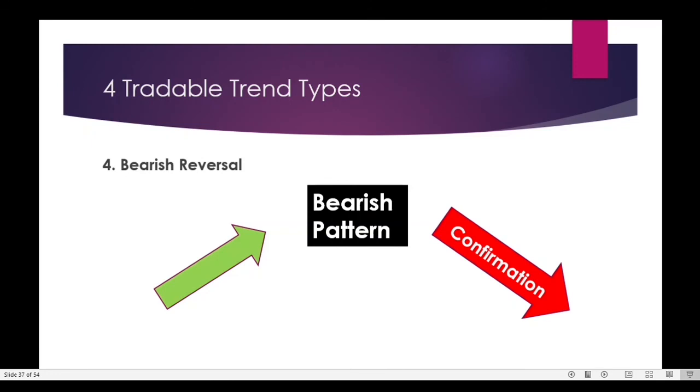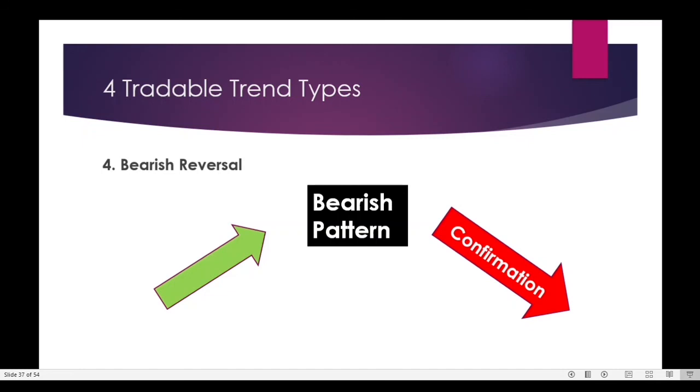And the fourth is the bearish reversal. So a trend or stock could be moving up quite nicely, and then all of a sudden the bears say, hey, it's time for us to get in on this thing. Then we will have a bearish pattern, then followed by a bearish confirmation candlestick, and we could either sell this stock and get out of it, or we can jump into it and ride this stock on down, making money.